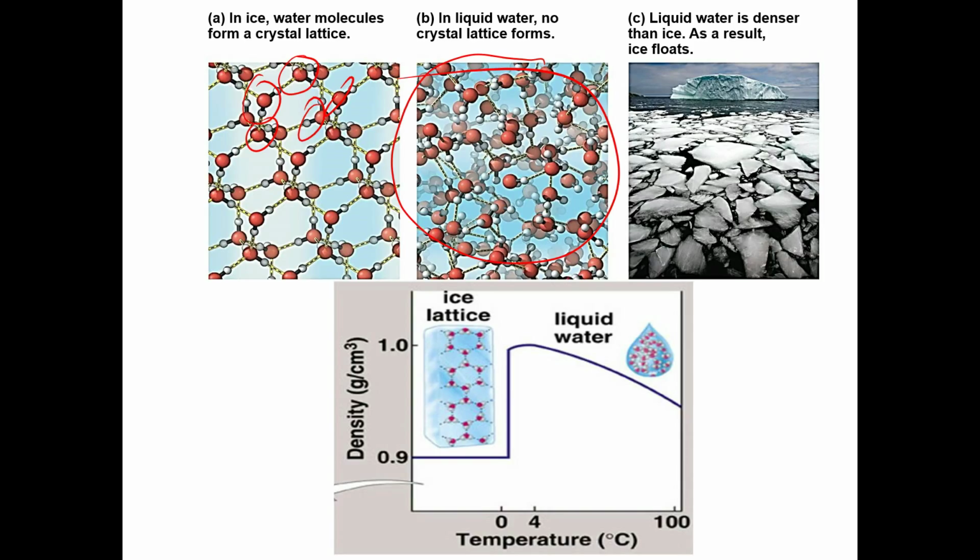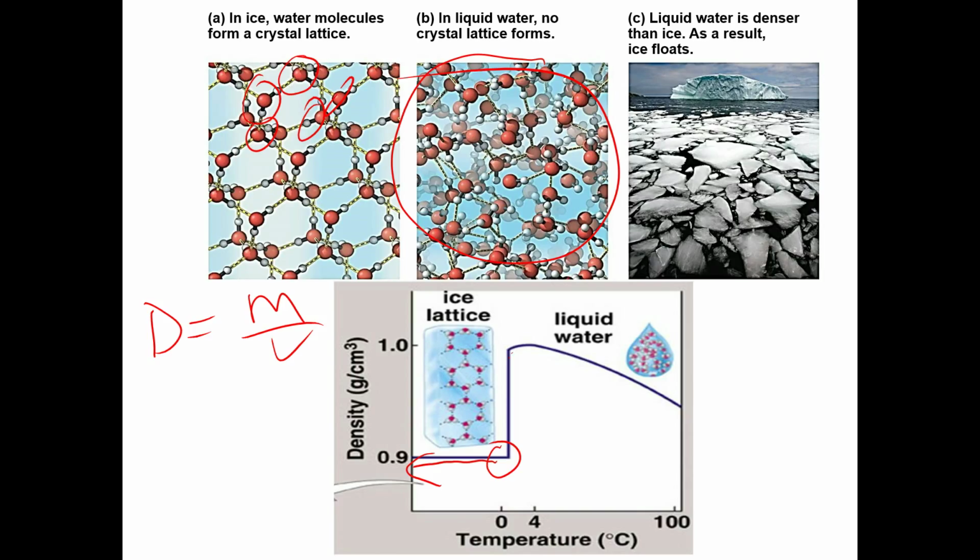As you can see here, at temperatures below 4 degrees Celsius, as water begins to freeze, the density of water decreases. And above that, it begins to become much more compact. When you're thinking about density, density equals mass over a given volume.